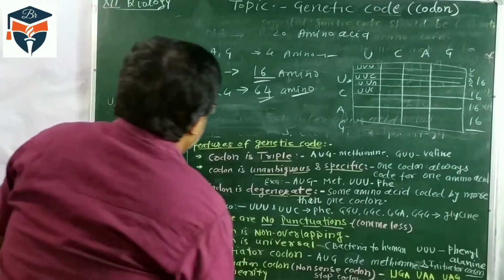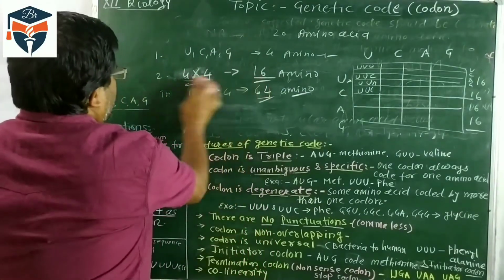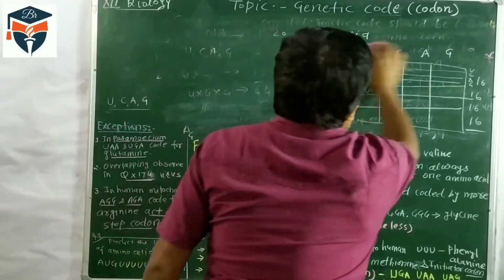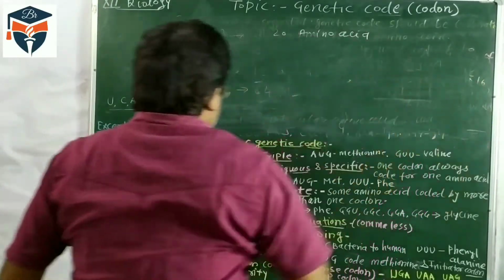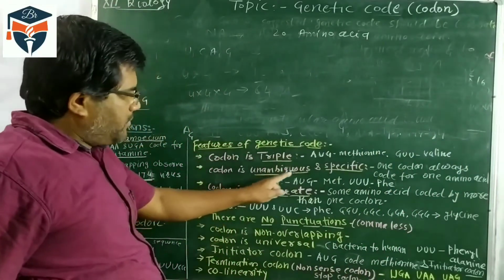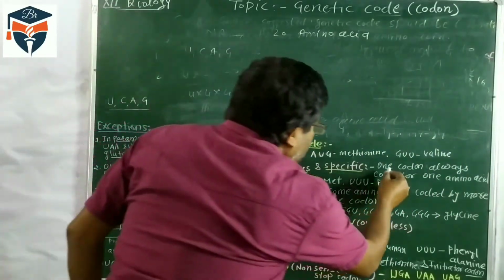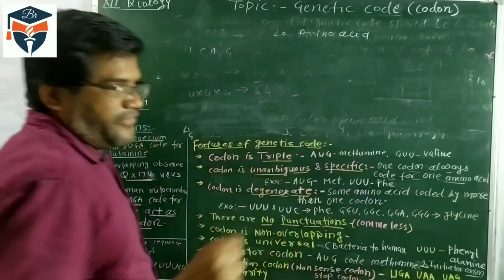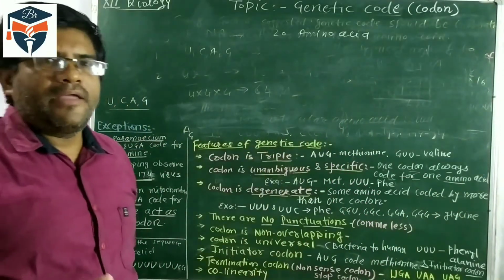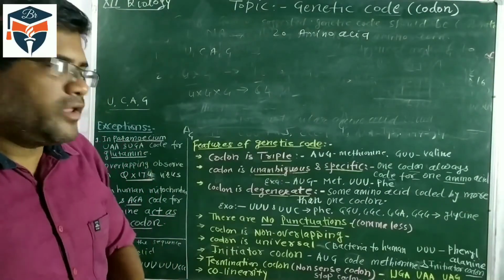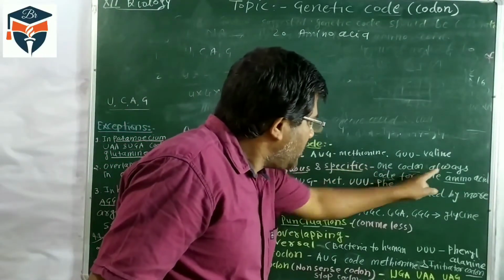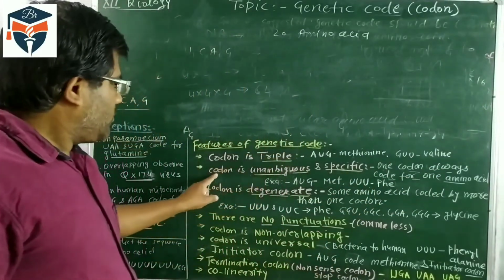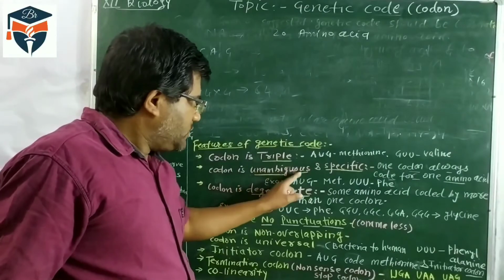The second characteristic is that the codon is unambiguous or specific. What does it mean? Here the codon is unambiguous or specific. One codon always codes for one amino acid. Whether it is in prokaryotes or eukaryotes, one codon always codes for one amino acid. And this is called the codon being unambiguous or specific.